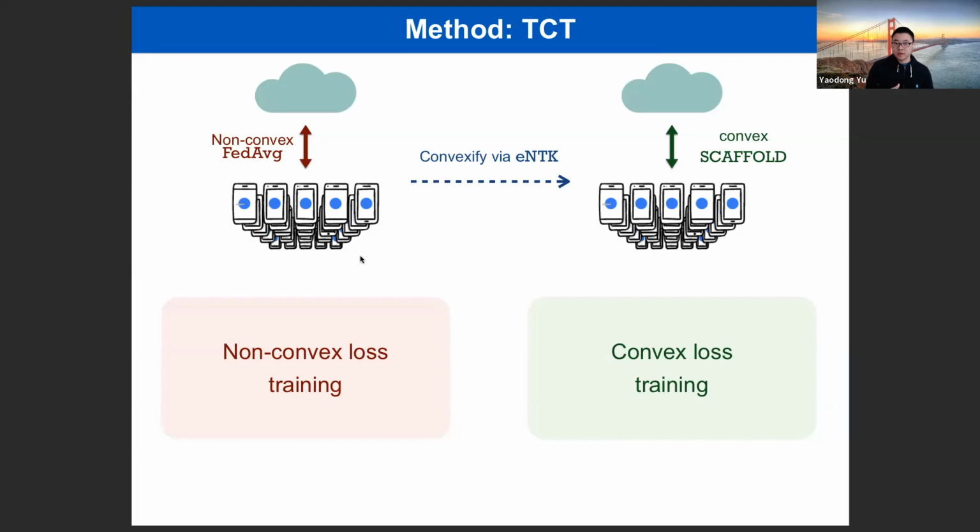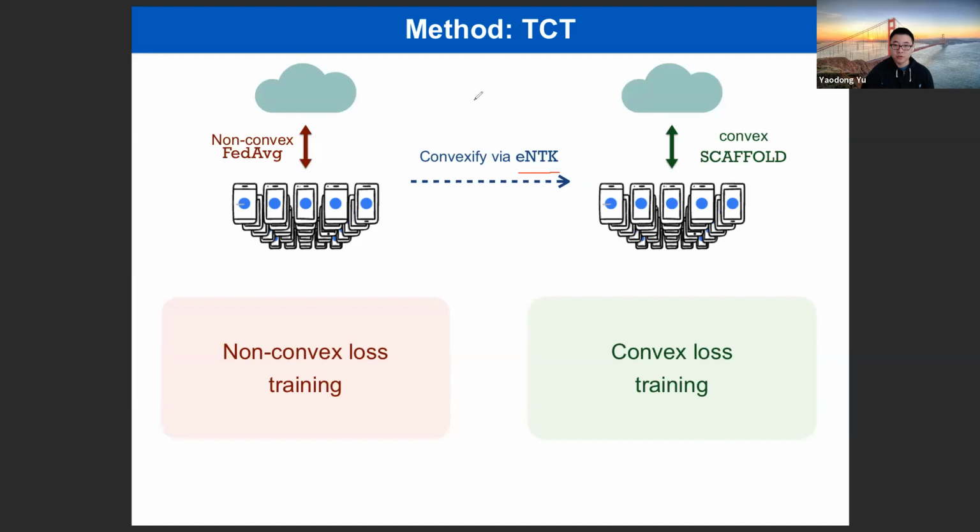As we mentioned earlier, once you have convexity, there are a lot of nice things you can do. But if the problem is non-convex, we don't have that many tools to get theoretical guarantees to tackle this data heterogeneity issue.